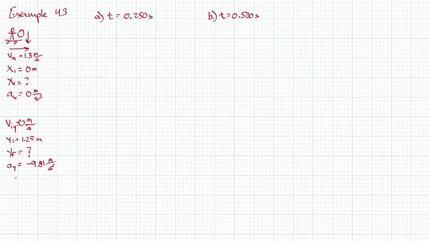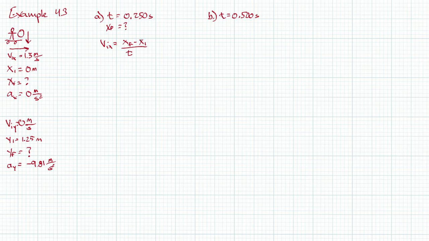Okay, for part A, we want to know displacement. That is x final equals what? Well, we know an x initial, and we know the initial velocity in the x direction, so we should be able to solve for x final. You recall that velocity equals the difference in displacement, x final minus x initial, over time, right?